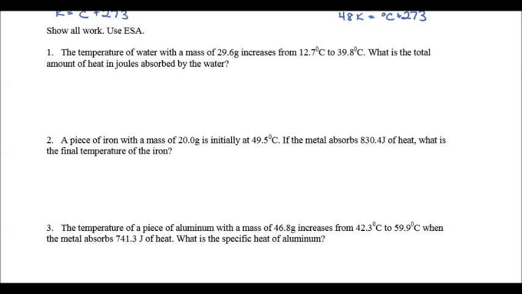So number one, show all work using ESA. The temperature of water increases from 12.7 to 39.8 degrees Celsius; what's the total amount of heat absorbed by the water? We start with our equation, Q equals mc delta T. The mass is 29.6 grams.